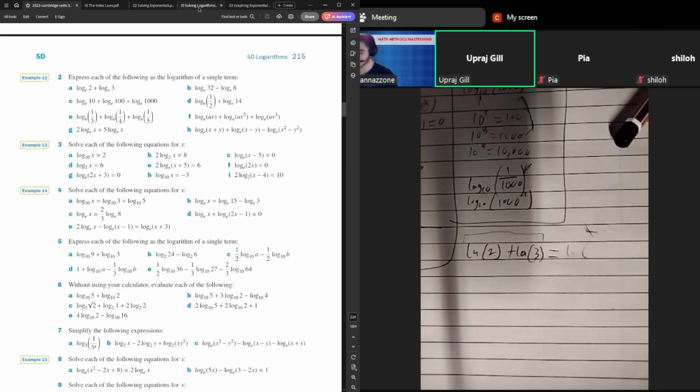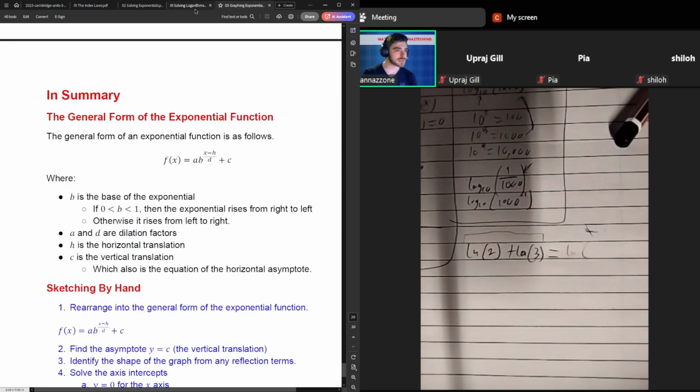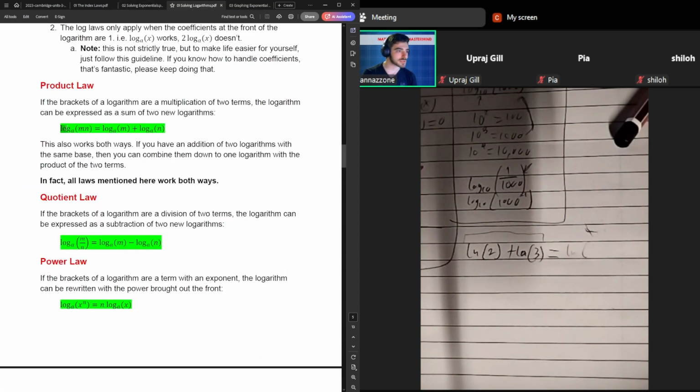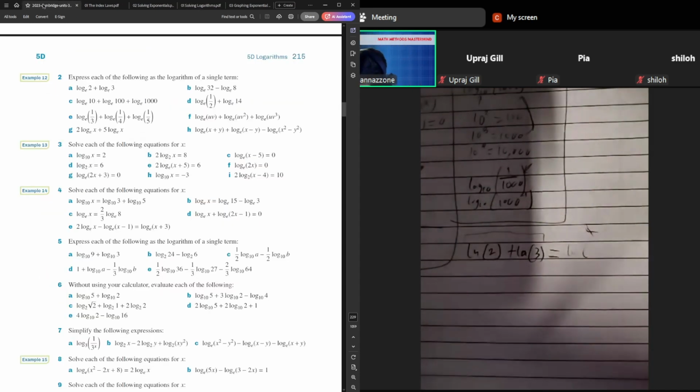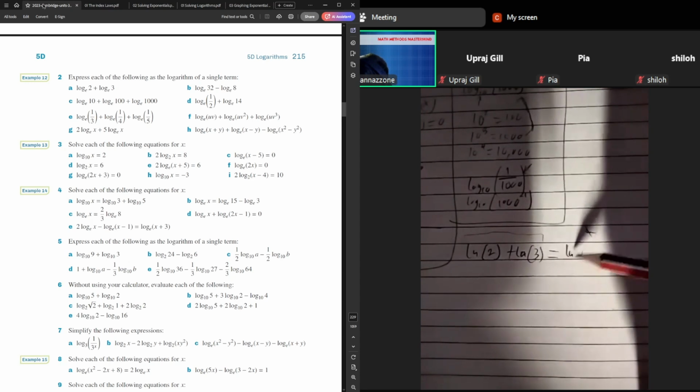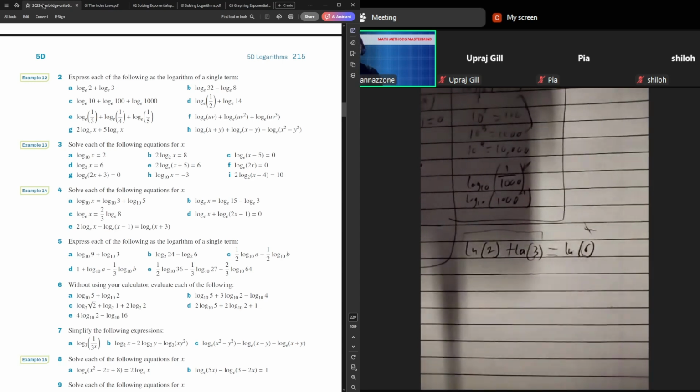Yeah, natural log 6. So the law that Upraj was pointing out was product law. If you look at the screen share, whenever you have 2 logs that have the same base and they are added together, then you can replace that with a single logarithm that has the product of those 2 terms. 3 times 2, 6. Natural log of 6. Cool. That's that one.